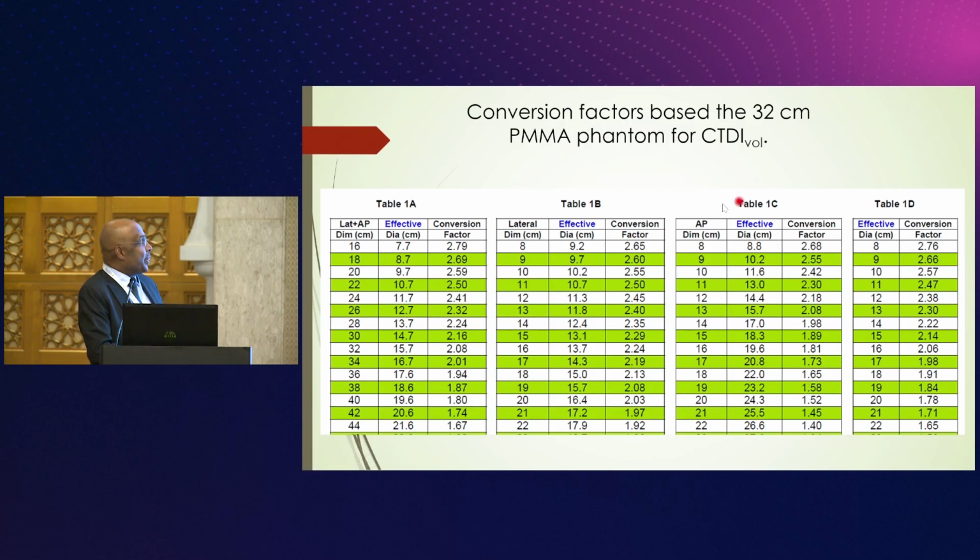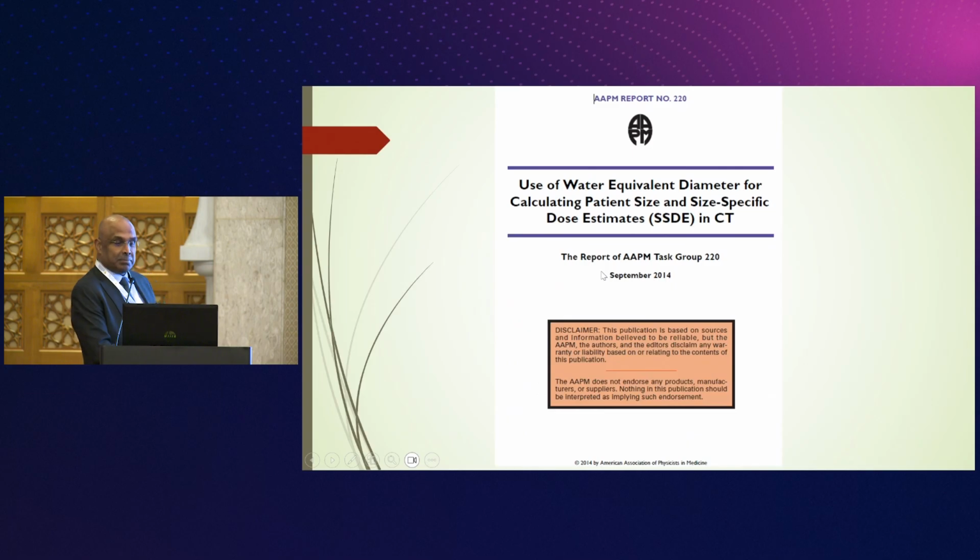The AAPM recommends that you take these measurements from axial images. There's a reason for that, but it means you can only estimate them after the scan is complete. The second publication is report number 220, which came out in 2014.